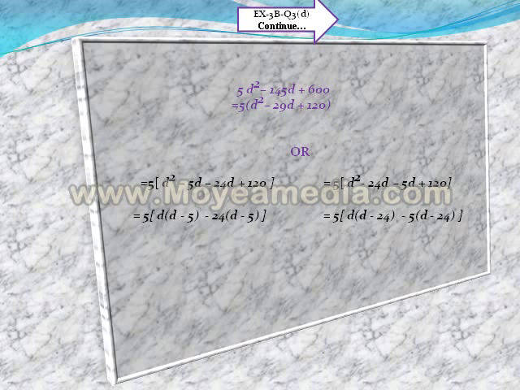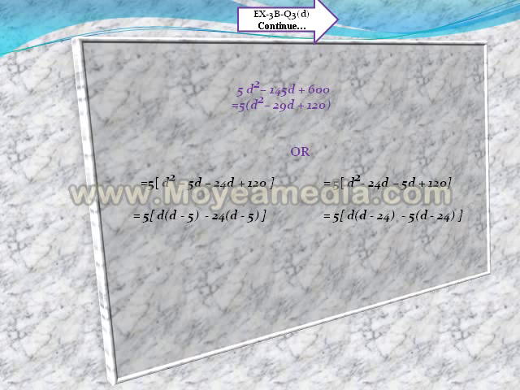So you see here, in the first two terms, I can visualize that d is present in both the terms. d is there in d squared, and of course d is there in 5d. So I took d common, but what remains inside is d minus 5. In the third and fourth terms, I can see that 24 is common.